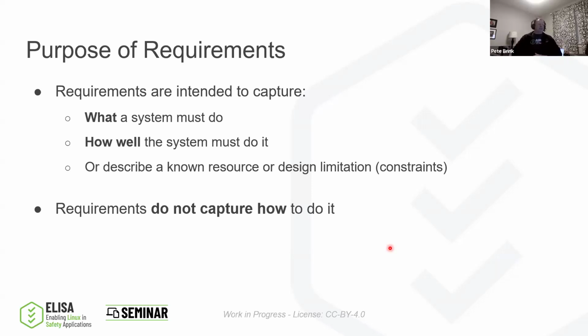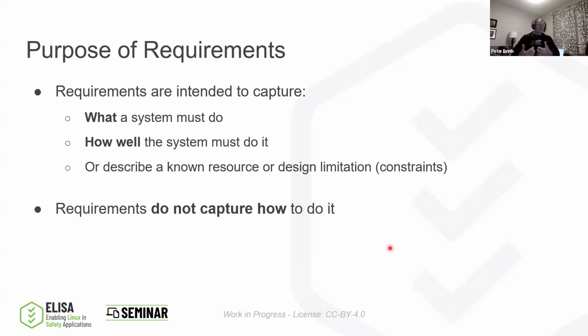They can also specify how well the system must do it. So this is where we start talking about constraints. So having detection algorithms that detect at 90% plus, having constraints that say you must fit within this amount of RAM, you must execute your foreground loop within 20 milliseconds on this caliber or this speed processor.